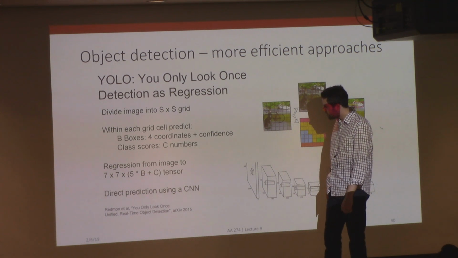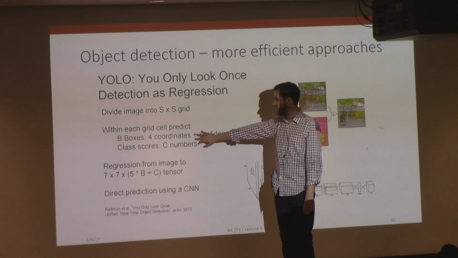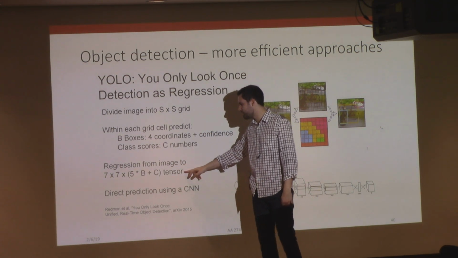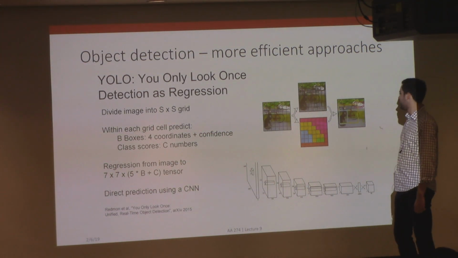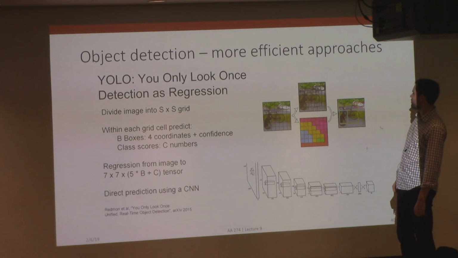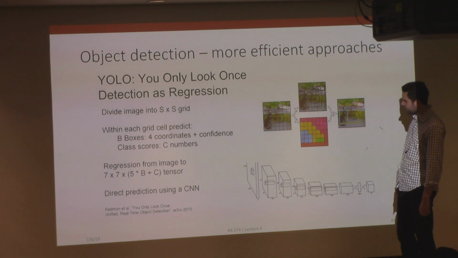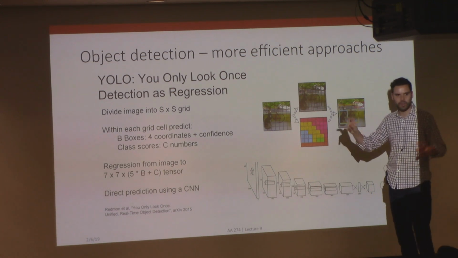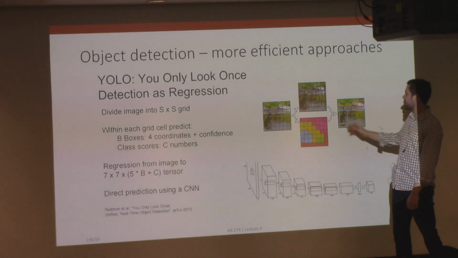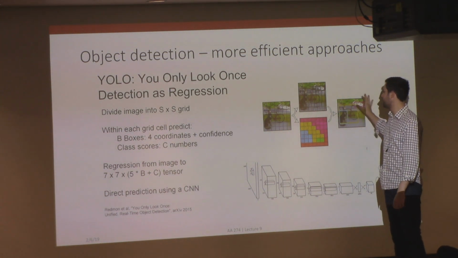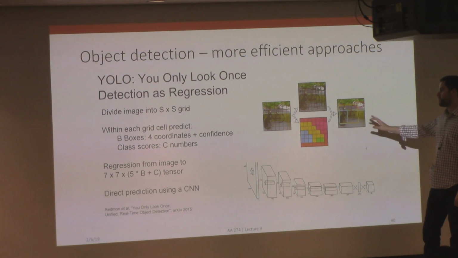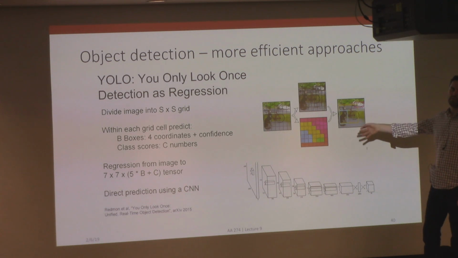Then from the outputs, I think you figure out what interesting part of the image you should actually look at. So this is kind of that region proposal, and then from those interesting parts, you classify again. And this architecture is really fast. You can actually run this on cell phones.